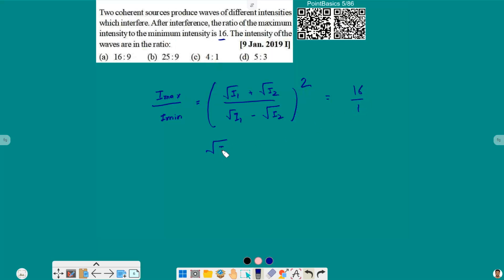So (under root I1 plus under root I2) divided by (under root I1 minus under root I2) is equal to 4 by 1, and when we solve this we get 5 times under root I2 is equal to 3 times under root I1, and from this I1 by I2 will be equal to 25 by 9. That is option B.